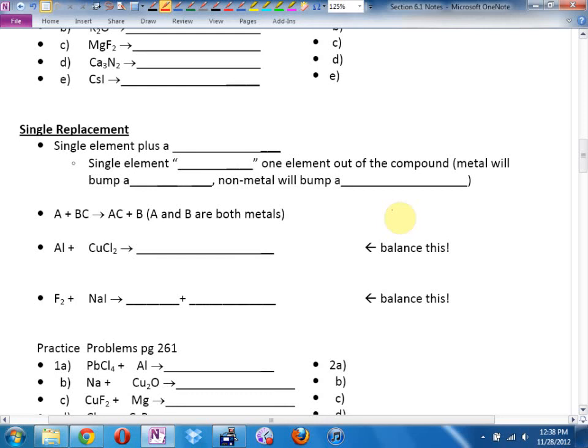Single replacement. This is a single element plus a compound. Okay?